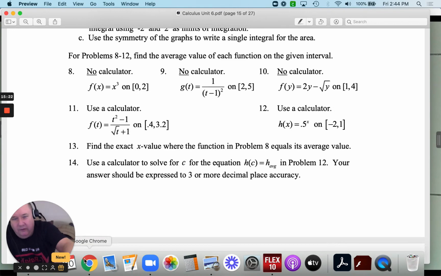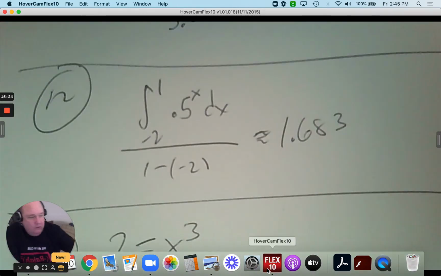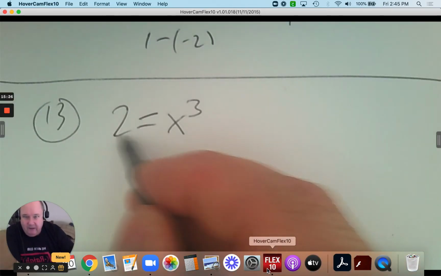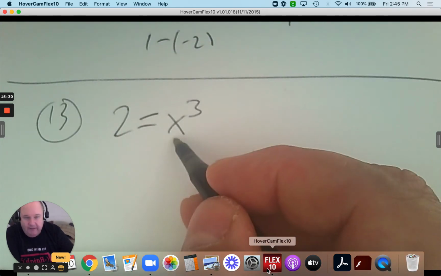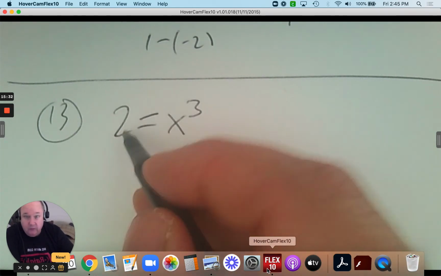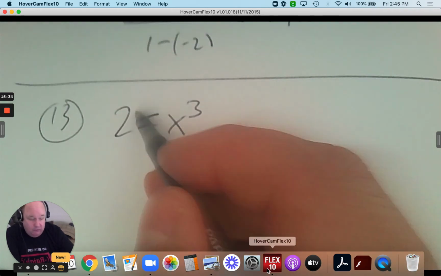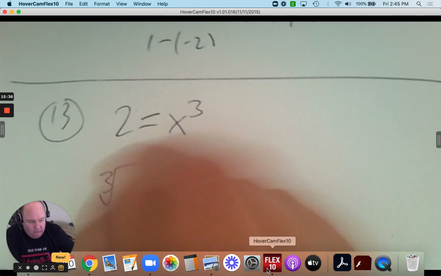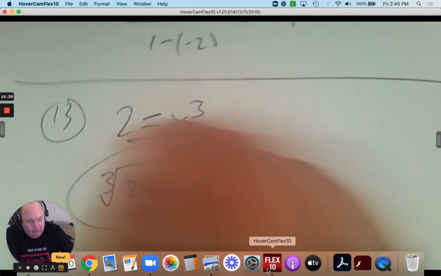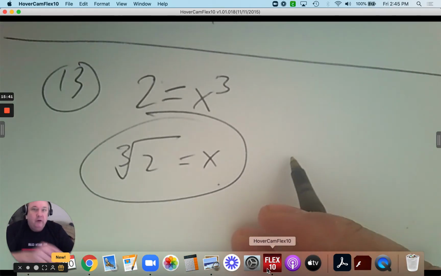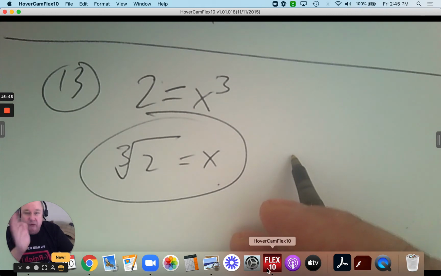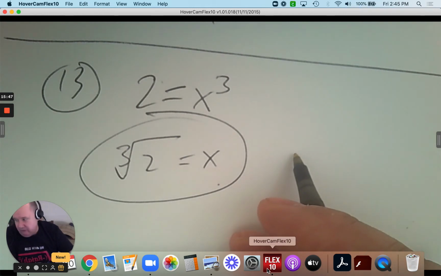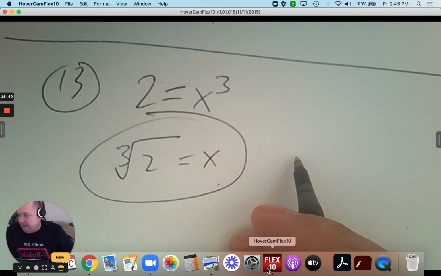So the average value of the function is 2. If you go back, make it equal to the function. Find the x value when this is true. So to get x by itself, you just do the cube root. And so when x equals the cube root of 2, that's when the average function equals the value of the function. Number 14.